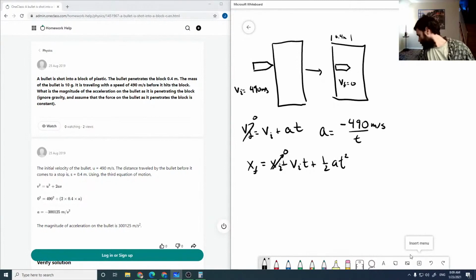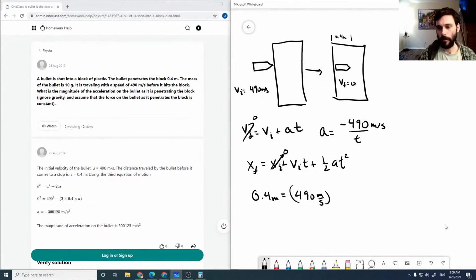So we can define a time, or we could have solved for time here instead. Okay, so we have 0.4 meters is equal to our initial velocity, so 490 meters per second, times our time, plus 1/2 minus 490 meters per second over our time times our time squared.